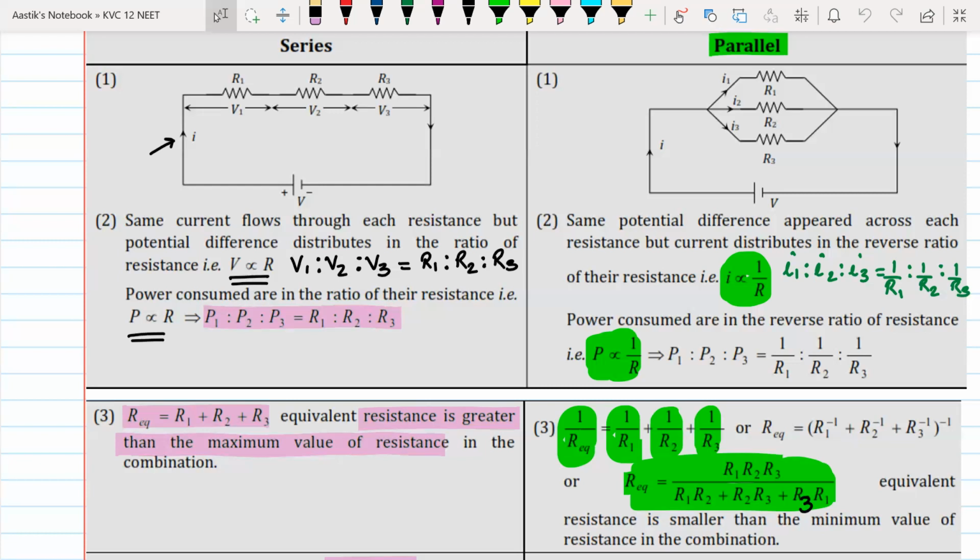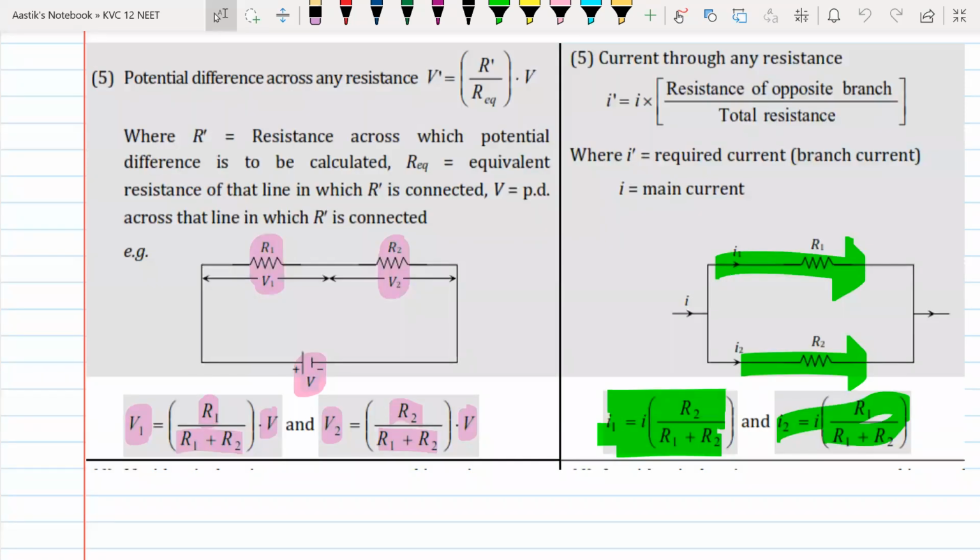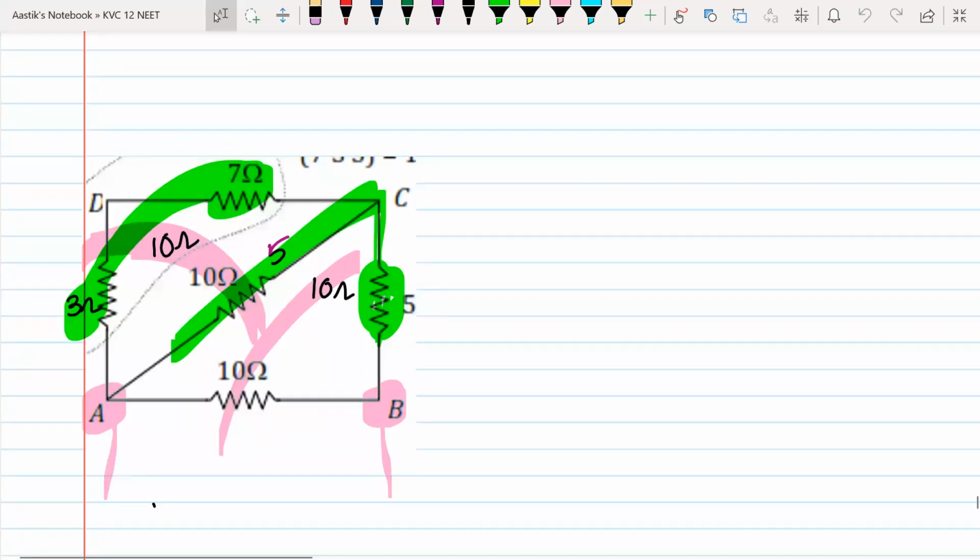Then we had seen how we can find out power in different cases, how power is proportional, how we can find out voltage drop across two resistors. It is proportional to the resistance. We had solved some questions where we had found out the equivalent resistance between 2 points.